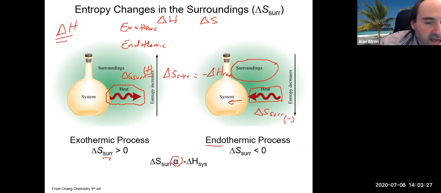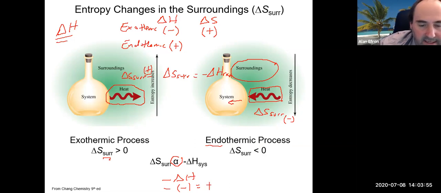If I have an exothermic reaction, the delta H value should be negative. A negative delta H and a negative would give me a positive delta S, right? So minus delta H, so a minus and a minus give me a positive when you put it in there. Now, if I have an endothermic reaction, the delta H will be a positive value.